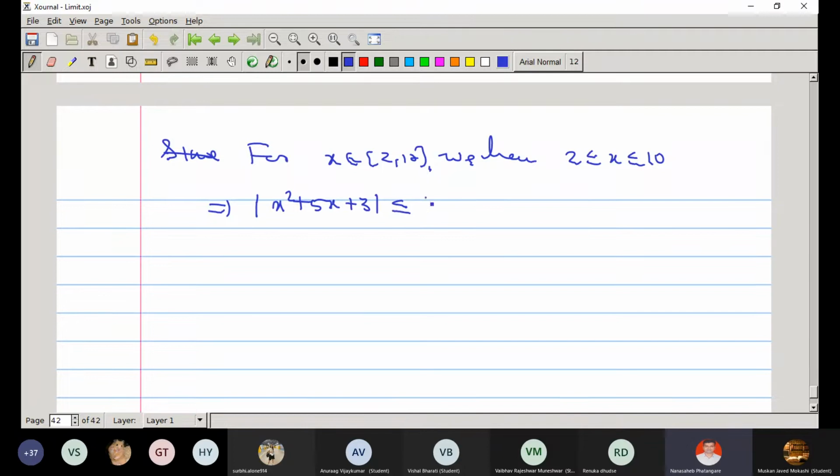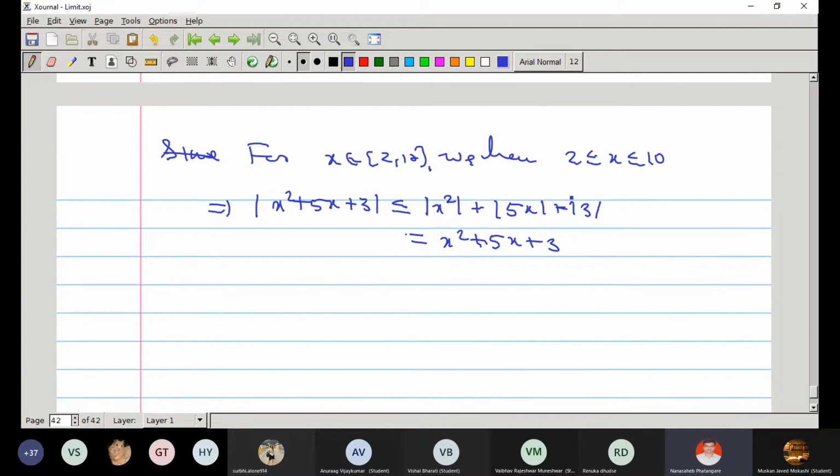By the triangle inequality, it is at most absolute value of x square plus absolute value of 5x plus absolute value of 3. But here x is positive, so x square is positive and absolute value of 5x is the same as 5x.